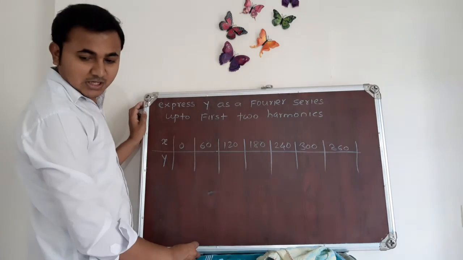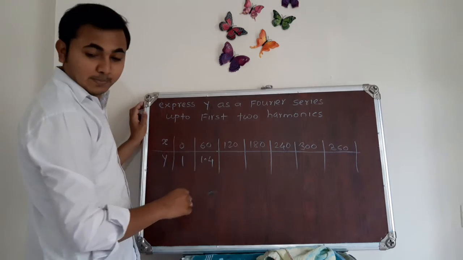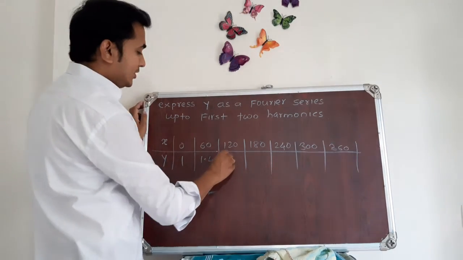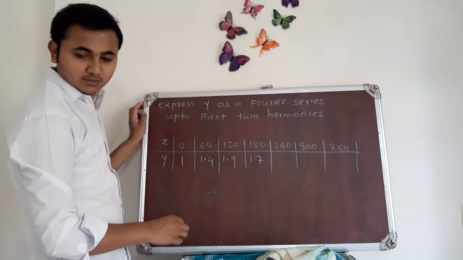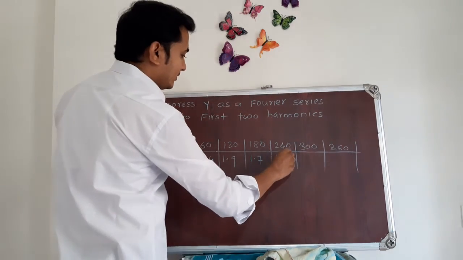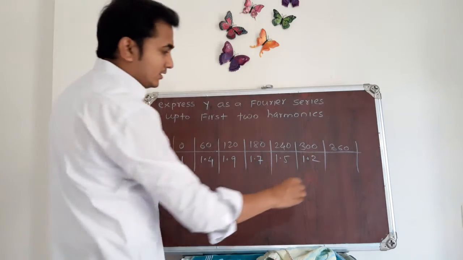And the y values are 1, 1.4, 1.9, 1.7, 1.5, 1.2 and 1.